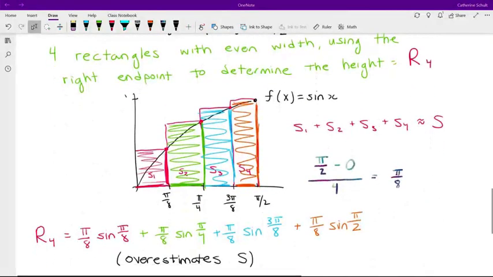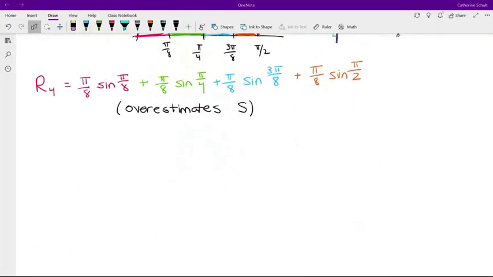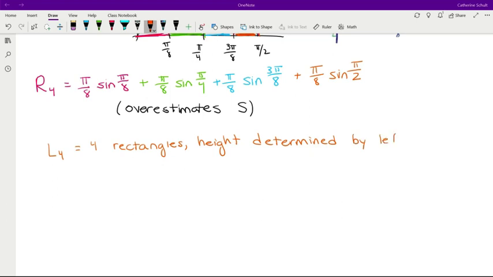Okay, so that's how we would calculate R4. What do you think L4 would represent? It would be 4 rectangles of equal width. Height is determined by the left endpoint of the rectangle. So a similar definition.